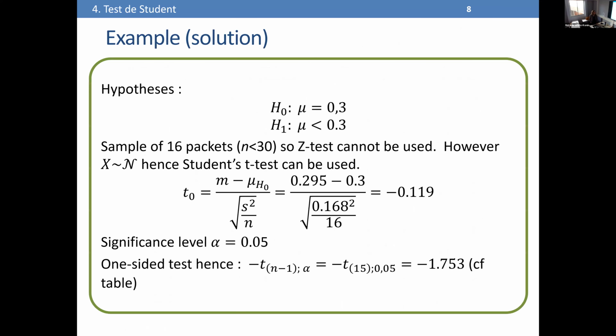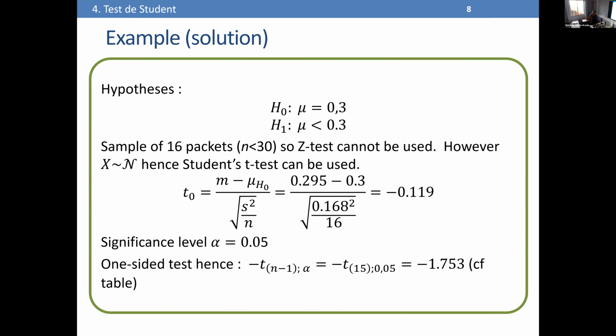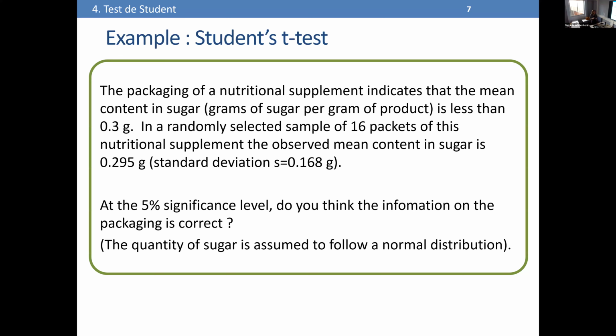Alors, si, look, 0.295 is the observed value in our sample. Okay, so did you see that here? This is 0.295. It's the observed value. So you are confusing. In the null hypothesis, we want to know whether something is true.